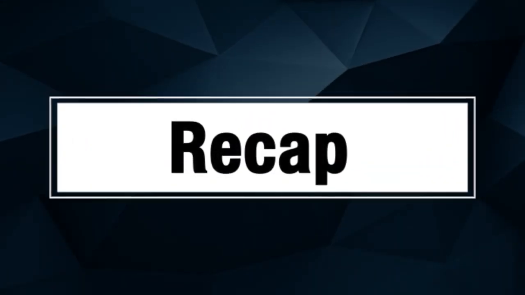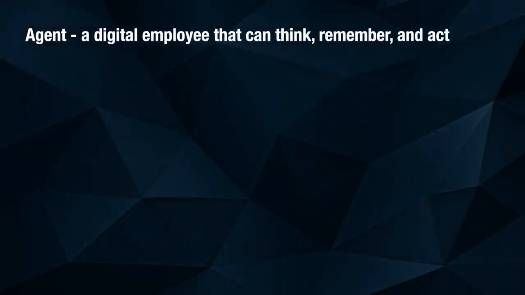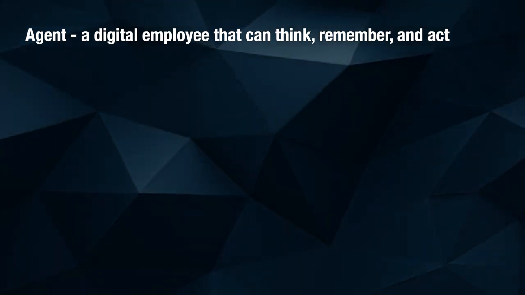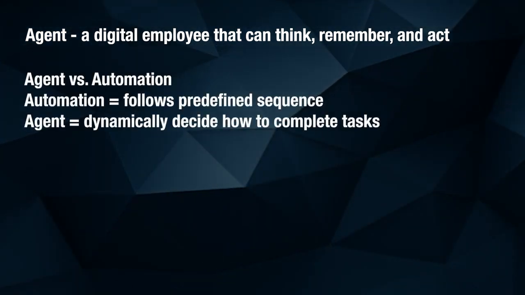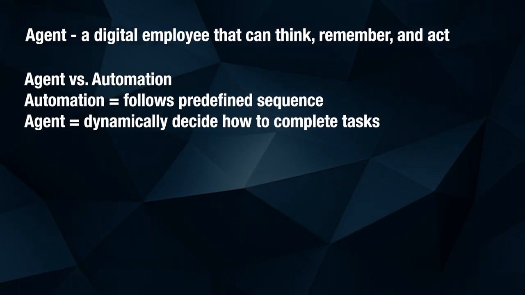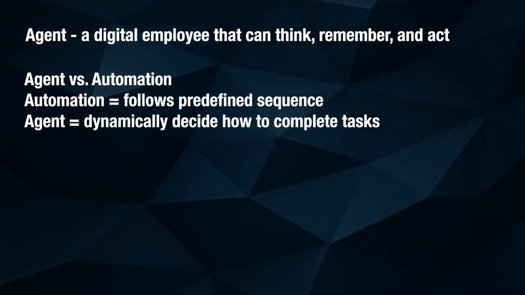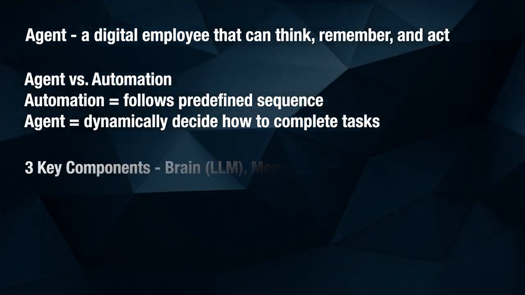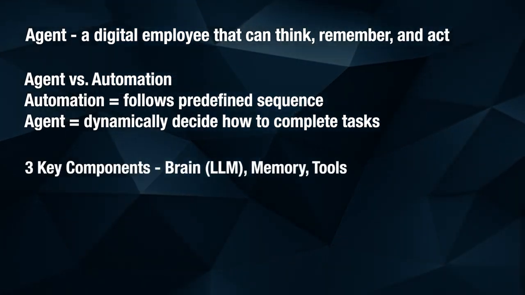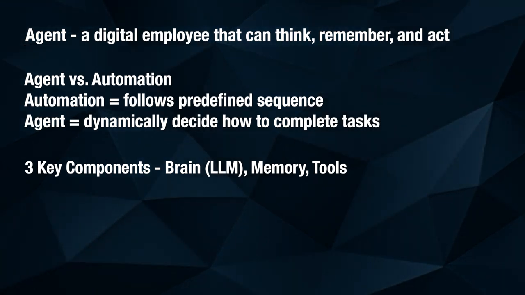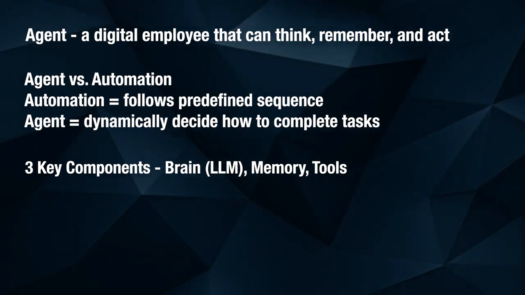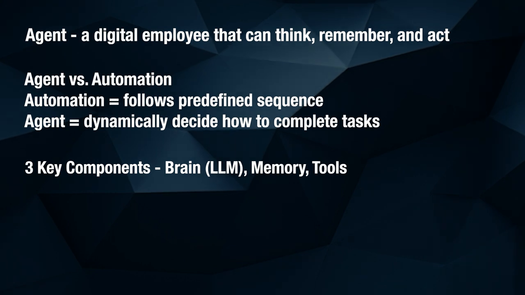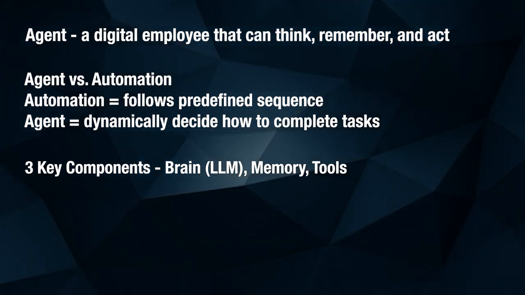We've covered a lot, so let's quickly recap. An agent is like a digital employee. It can think, remember, and act. That's different from an automation or workflow where LLMs and tools follow a predefined sequence. Agents, by contrast, dynamically decide how to complete tasks, choosing tools and actions on the fly. Agents are built from three key components: the brain, or LLM; memory, meaning past contexts, documents, and databases; and tools, everything from APIs to calendars, emails, or external systems.